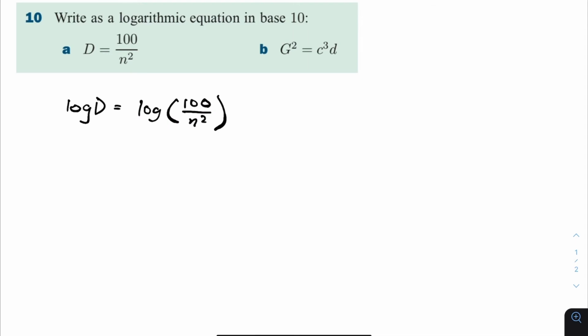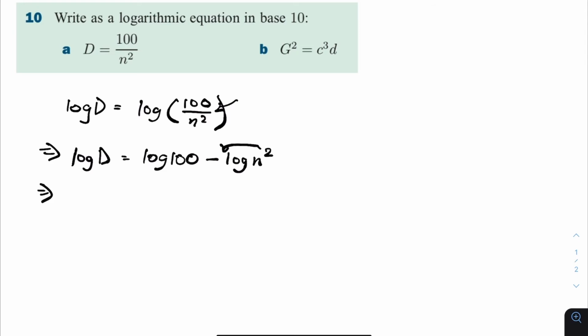Now, using what we know about logarithms, this can be written as log d is equal to, and then we can use the subtraction rule because there's a divide sign in here. So log 100 minus log n squared. And we can simplify this because we can bring this down over here, and we can evaluate this. Log d is equal to, and then here we have log 100.